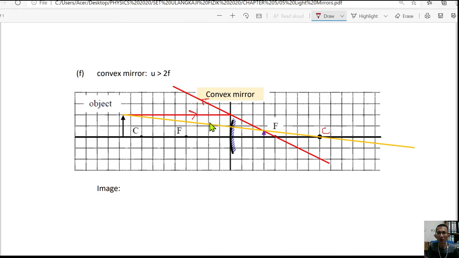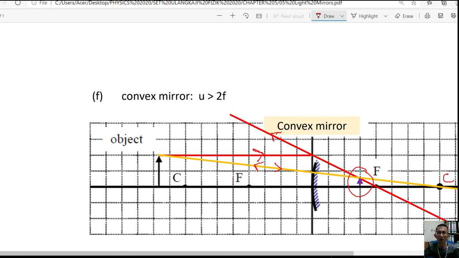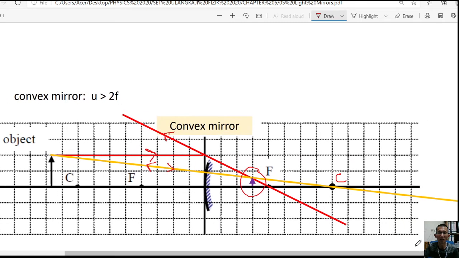All right, so it's going towards the mirror, and it will be reflected on the same line because it goes through C. Can you see where the red line and this orange line intersect? Again, it is here. Can you see it clearly? I make it a bit larger so that you can see.